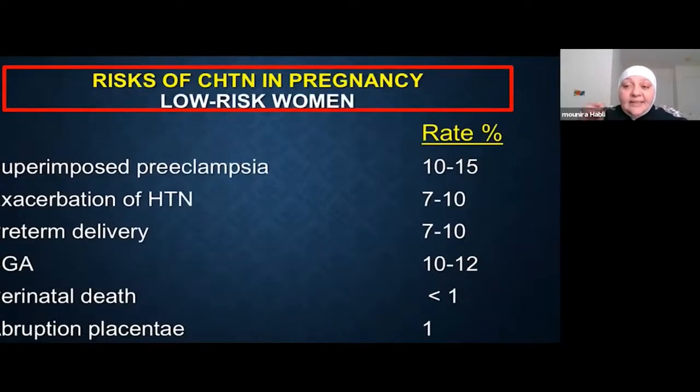Still, despite being low risk or mild chronic hypertension, they carry significant risk in pregnancy. They have a higher rate of superimposed preeclampsia, 10 to 15%, and exacerbation of hypertension. They are still at increased risk of preterm delivery, IUGR, perinatal death, and placental abruption.